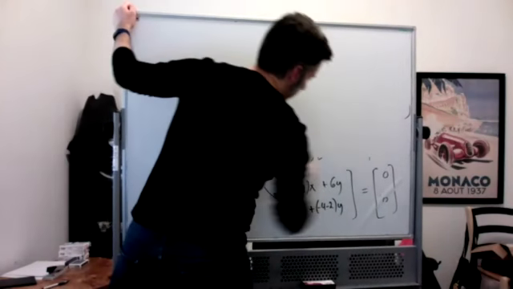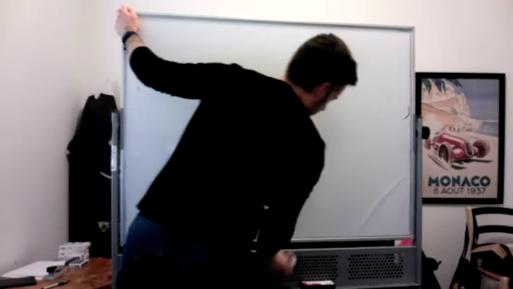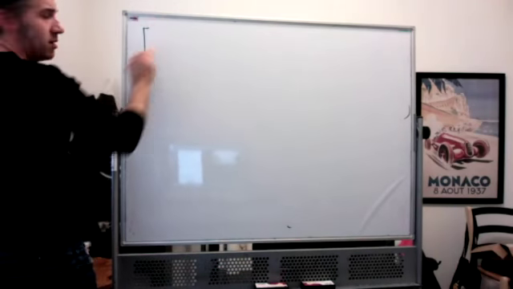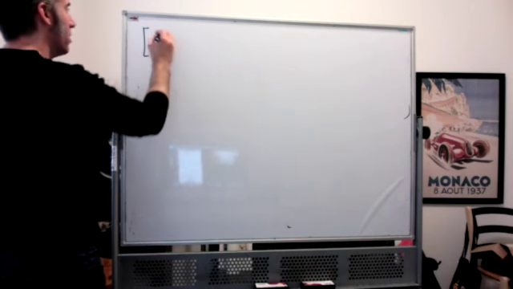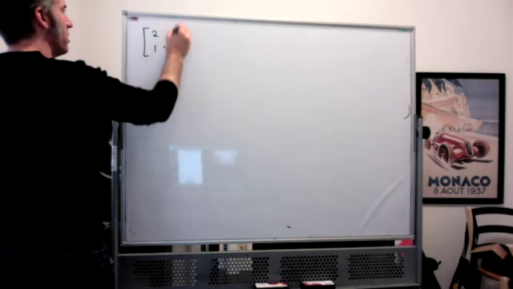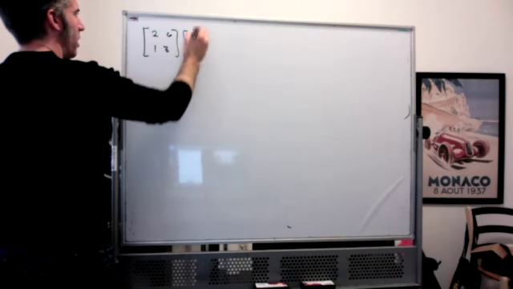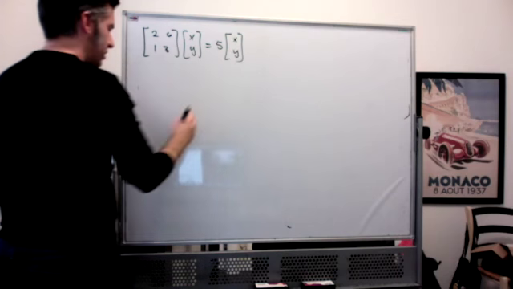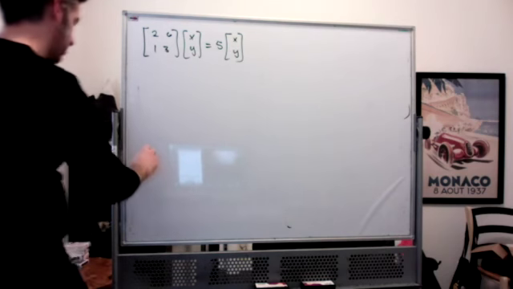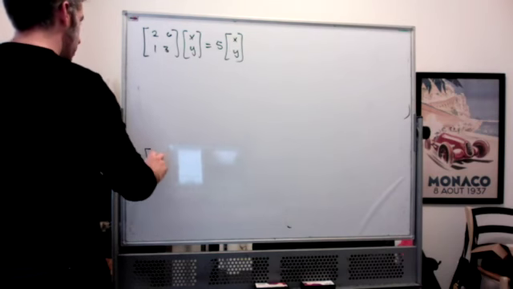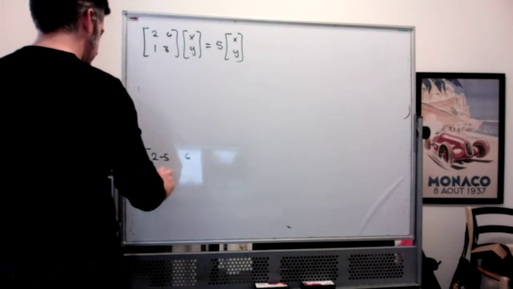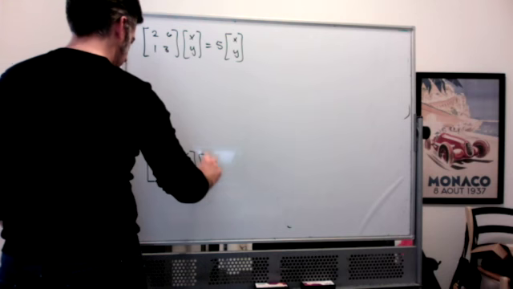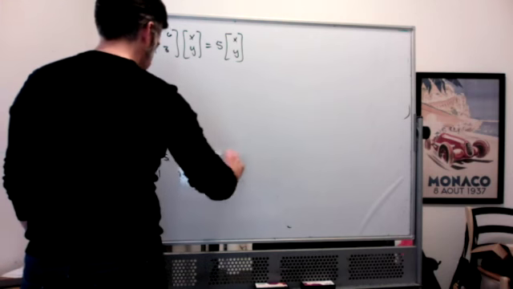Here's what I will say about doing it the other way. I think it's really okay to jump from this step, 2, 6, 1, 3 times x, y equal to 5 times x, y, to this: 2 minus 5, 6, 1, 3 minus 5 times x, y equal to 0, 0.